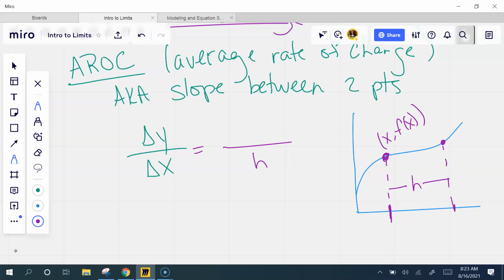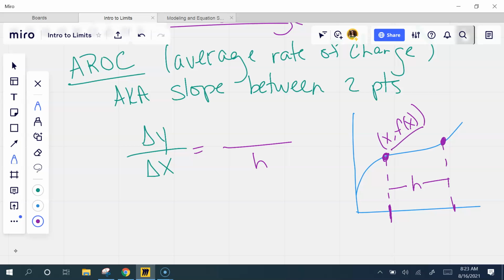What then would the change in y be? Well, there would be another letter, but what would be the change? F of h. You're close. That was a pretty good guess. What is this point?